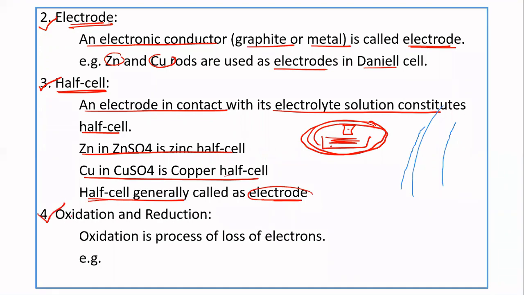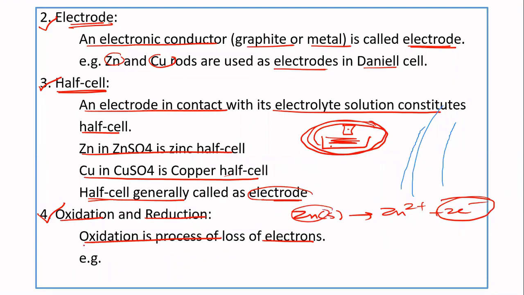The next very simple definition or term is oxidation and reduction. Oxidation is the process of loss of electrons. So zinc solid forms zinc 2 plus ions, it gives 2 electrons. So 2 electrons are lost, hence the zinc undergoes the oxidation process.